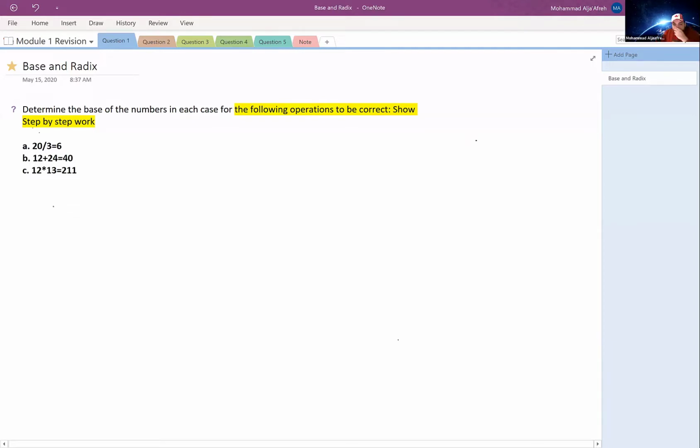The 12 can be rewritten by saying that I have the base: 12 can be written as 1 multiplied by the base to the power 1 plus 2, and 13 can be written as the base to the power 1 multiplied by 1 plus 3, because the 3 is multiplied here by the base to the power 0, and the base to the power 0 all the time will give you 1, okay?